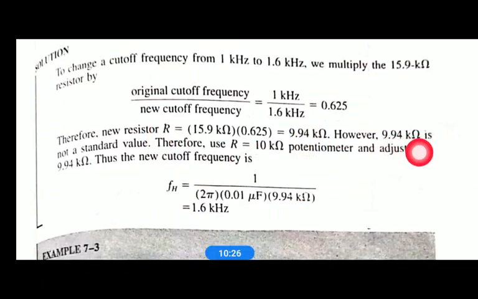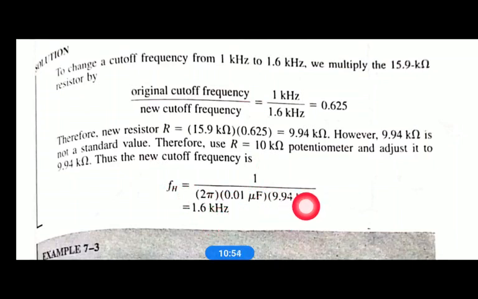However, 9.9 kilo ohm is not a standard value, so we use a 10 kilo ohm potentiometer and adjust it to 9.9 kilo ohm by varying it. Using this value of R, and the capacitor value as it is, 0.01 microfarad, we calculate FH equal to 1 by 2 pi RC, and we get 1.6 kilohertz.